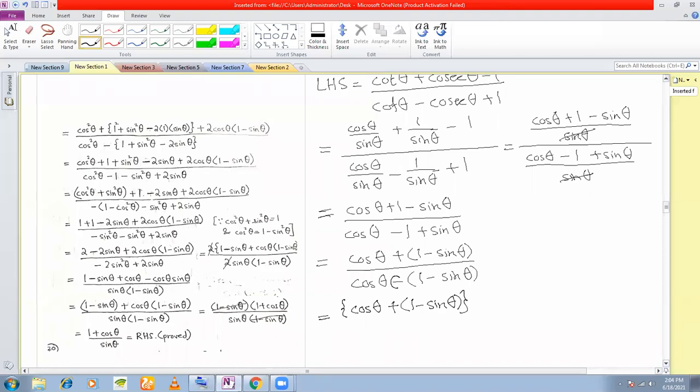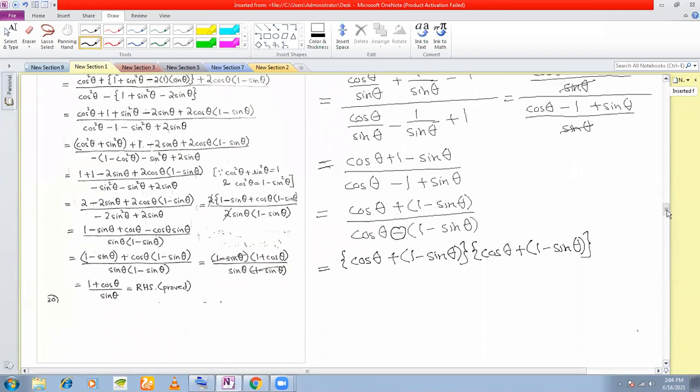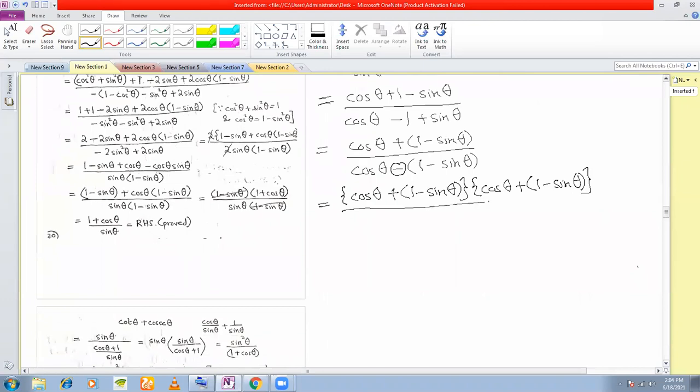And because you have a minus sign here, we will multiply this with cos theta plus 1 minus sine theta. Divided by cos theta, write the denominator, minus 1 minus sine theta. And because we are multiplying the numerator and denominator by cos theta plus 1 minus sine theta, we write this.